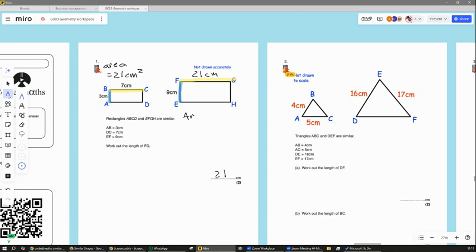I did 3 times 7, 3 centimeters times 7 centimeters. The area of this one is going to be 9 centimeters times 21 centimeters. I'm not going to try and do that in my head. So 9 times 21, 189 centimeters squared.